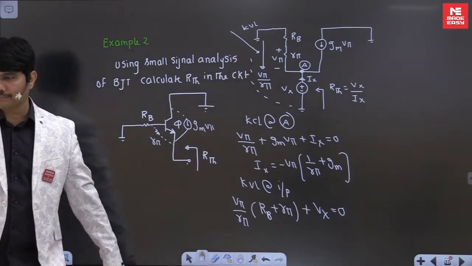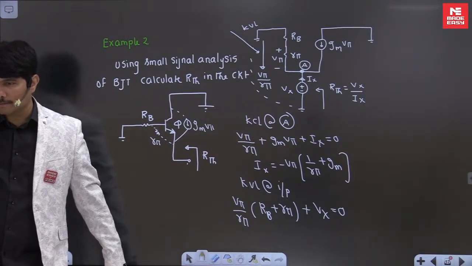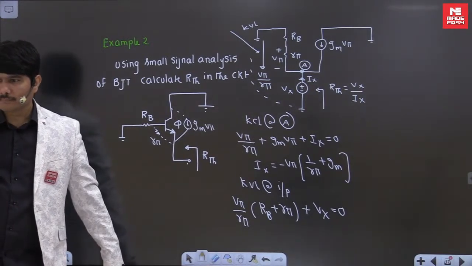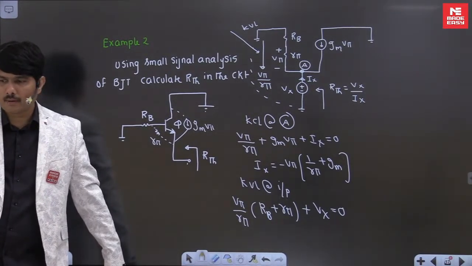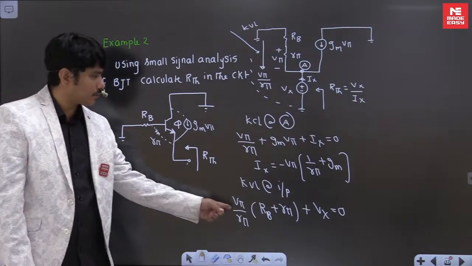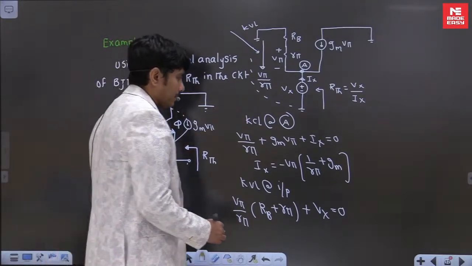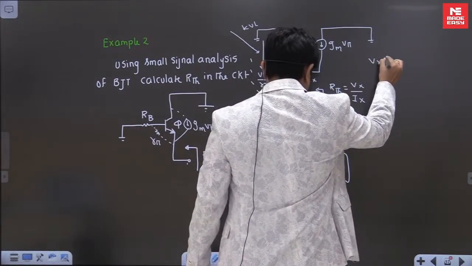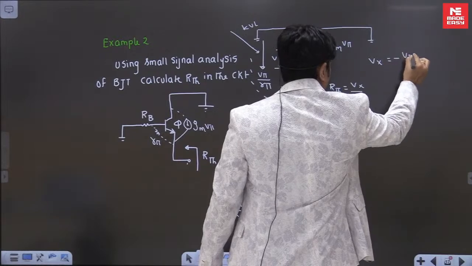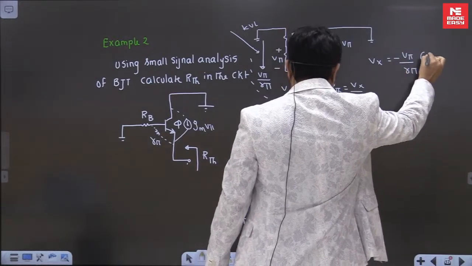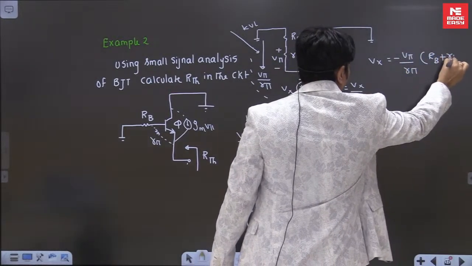KVL is also simple. Correct? Great. So we find a relation between Vx and V pi. Your Vx, I can write as minus V pi divided by R pi into RB plus R pi.